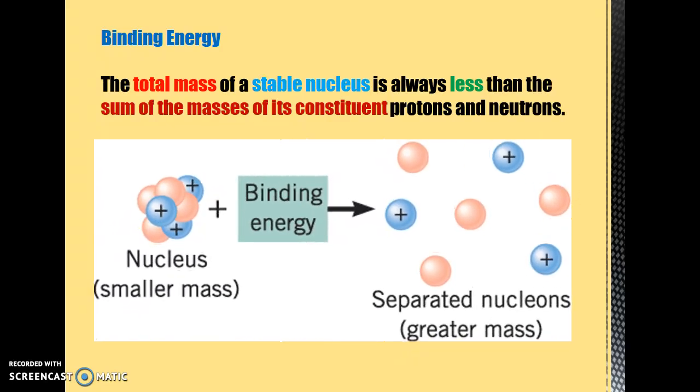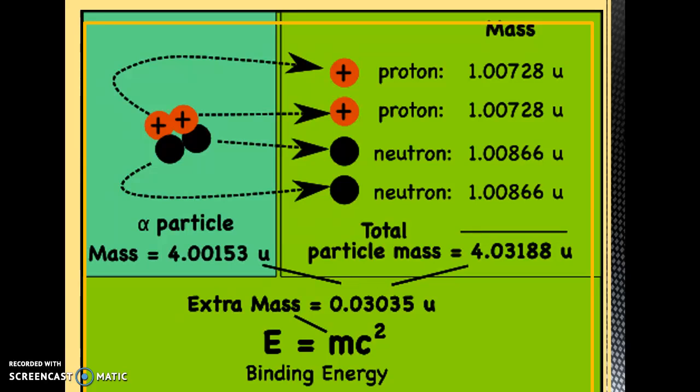Got it? Hope so. Okay, let's have a look at this example. You can write this one down. On the left of the diagram, you can see we've got an alpha particle, and you all know that's a helium nucleus.